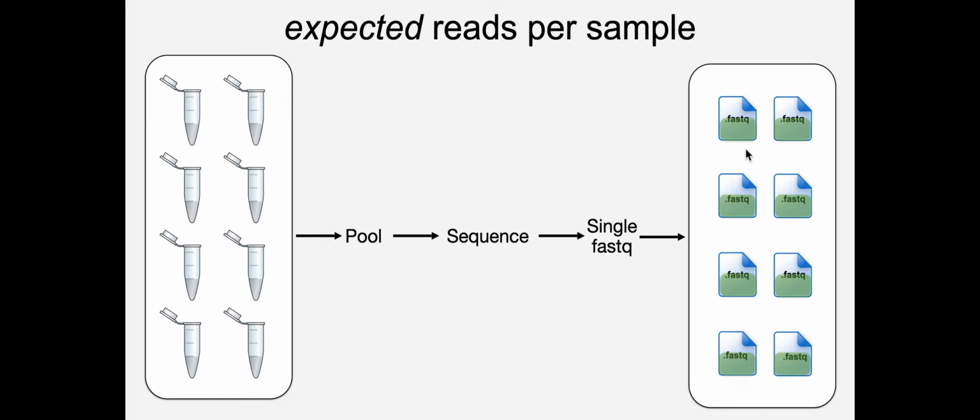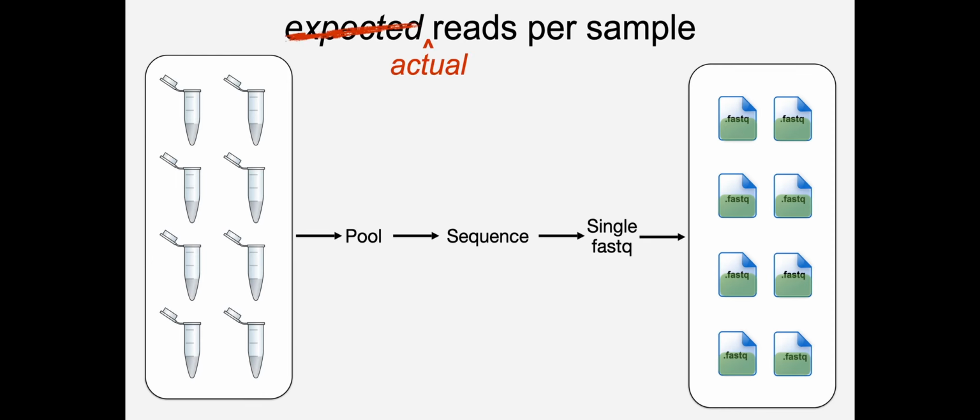Now, in an ideal world, expected number of reads per sample would be even for all 8 of those samples, right? Put 8 samples, put them together, we sequence, we pull them back apart, it's equivalent. But we know that we're not that good at pipetting. We're not that good at measuring really small amounts of DNA.